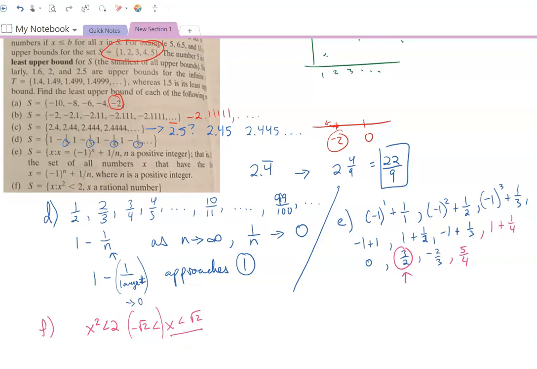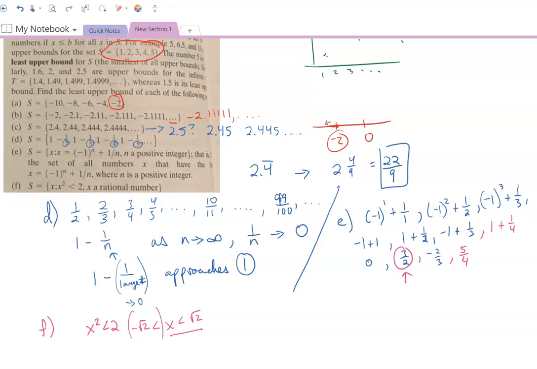So x is less than root 2. Now, x cannot be equal to root 2. In other words, root 2 cannot be an element in set S, but we just need a least upper bound. And remember, least upper bound means all of the numbers are less than or equal to it.